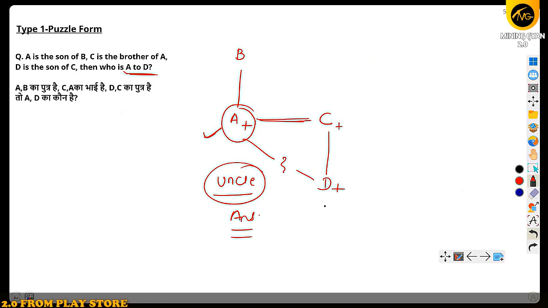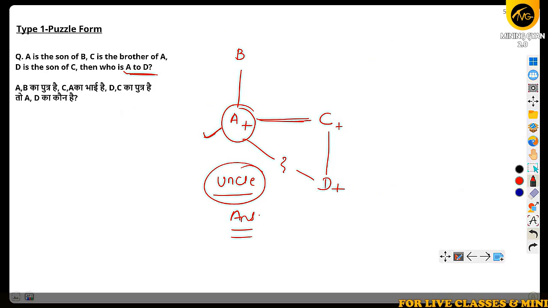Because the question is related to A, who is A to D? A जो है कौन है D का? So basically A is uncle for D. Okay, so the answer will be uncle.